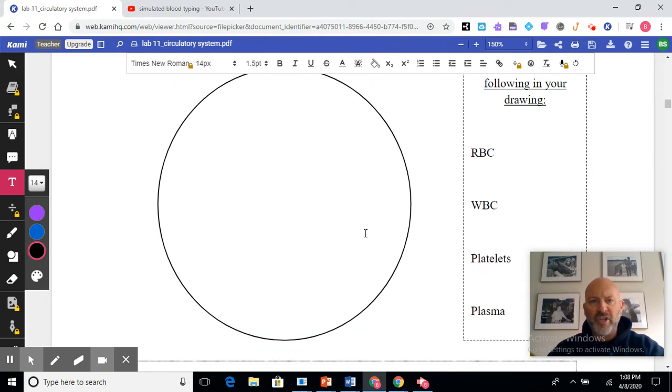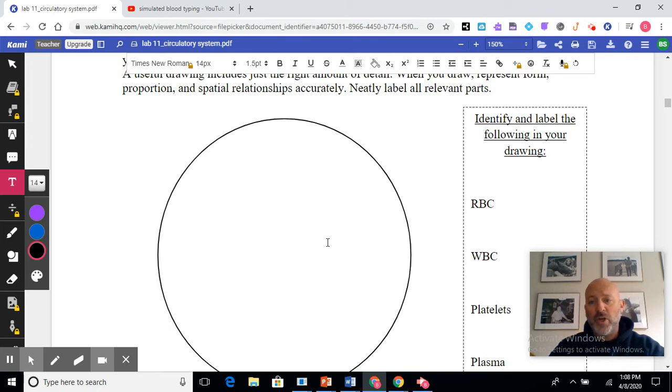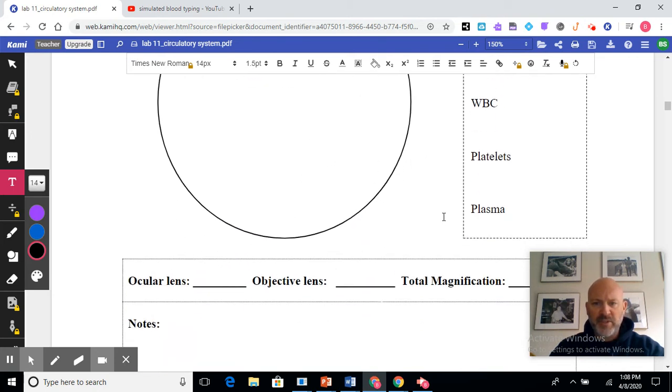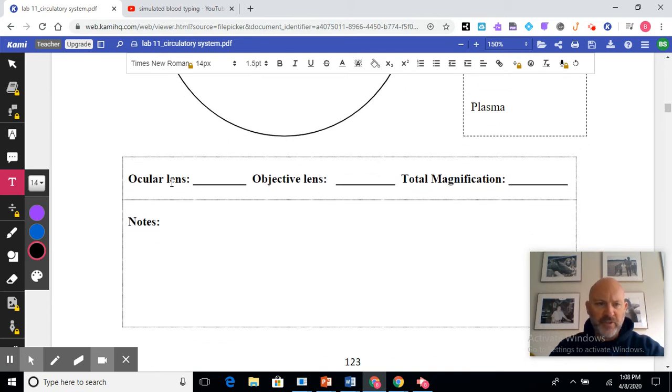You're going to use the lab atlas to fill this out. So you're going to draw what we just looked at. You're going to label the red blood cells, white blood cells, platelets, and the plasma. Be sure to fill this out. A blood smear is always going to be done on high power. I'm not going to ask you to estimate the sizes of anything because everything's kind of too small, and the sizes are already provided on the first page of the labs.